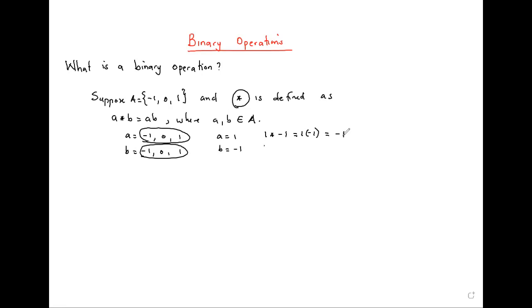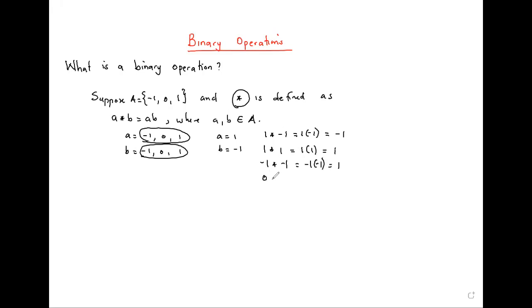If I get A to be 1 and B to be 1, star is still saying, multiply them. I'll get 1. Then, if you get -1 star -1, star is still saying, multiply them. I'll get 1.